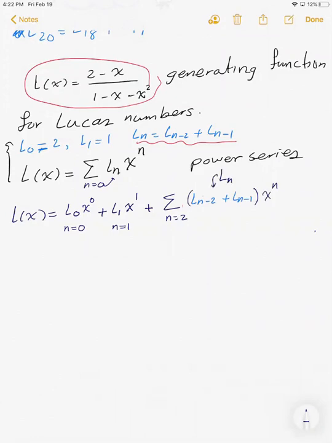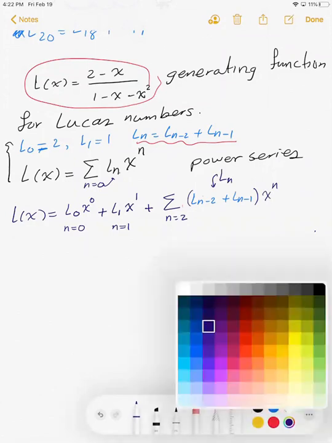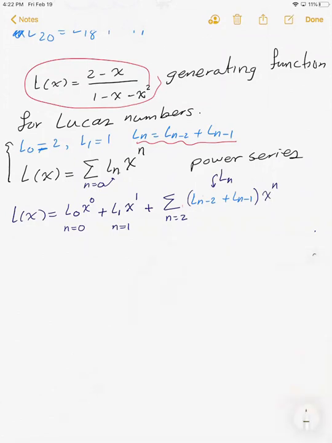And then I use the sigma property. I can break this into two terms. And I also will substitute for L0. L0 is equal to 2. L1 is equal to 1. So I will write L of x is equal to 2 times x to the power 0, which is 1, so 2 times 1 is 2.